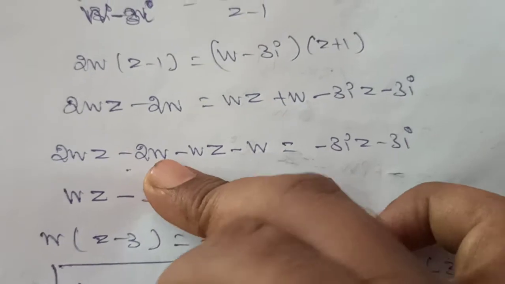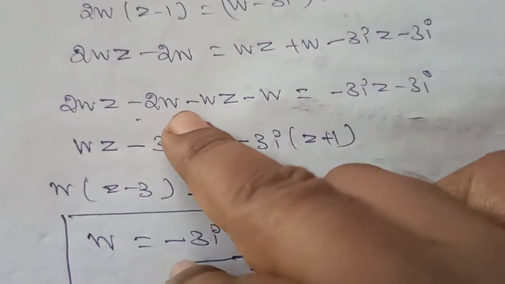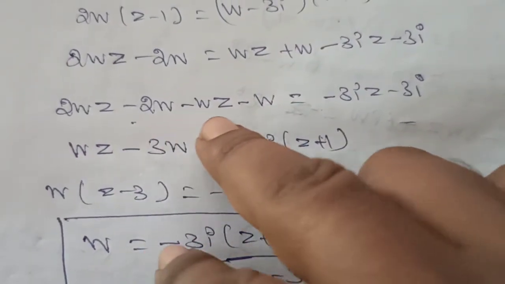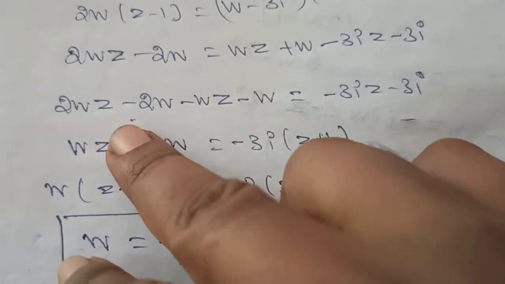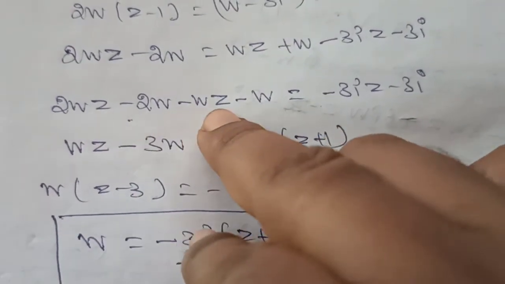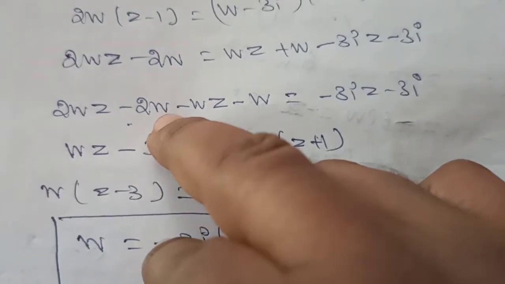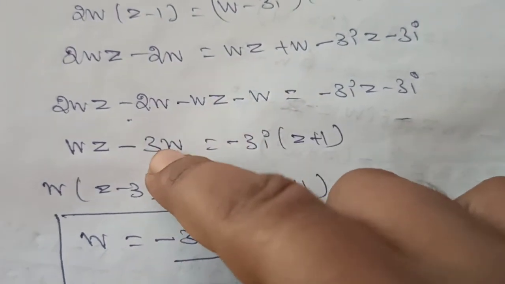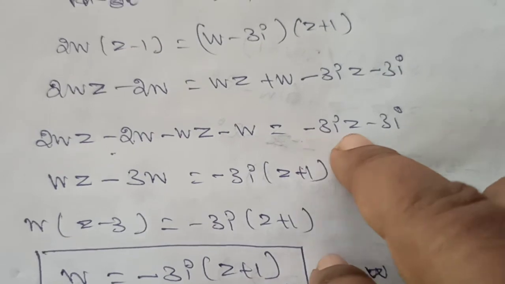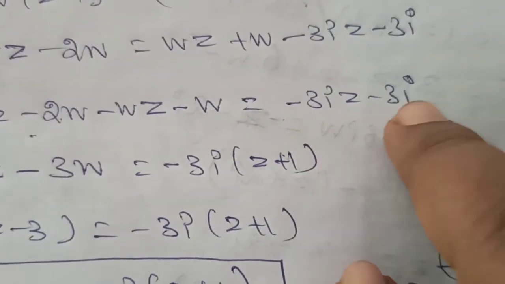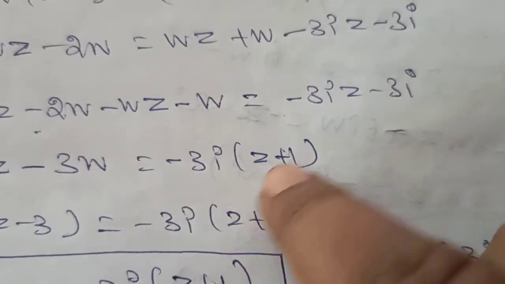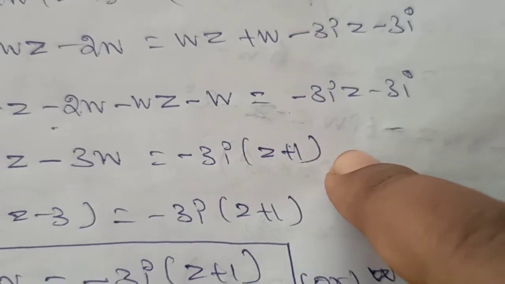On the left side all the terms have w. Adding these values, 2wz and minus w, separate them: wz and minus 2w minus w becomes minus 3w, which equals, on the right side, minus 3i is common, take it outside, into the remaining value z plus 1.